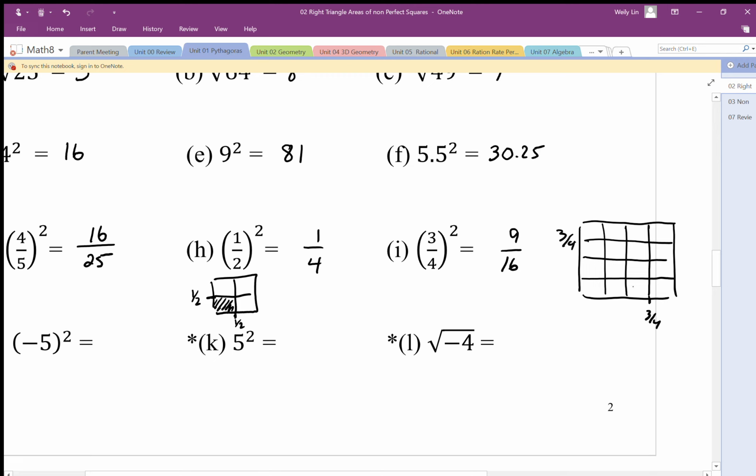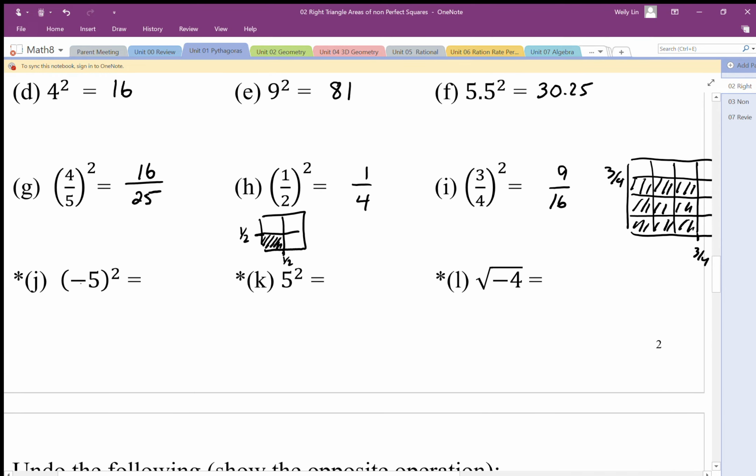So if I have a 3/4 side length and I want to find the square area, there's my square area. If this is 1 by 1, this is an area of 1. If I only want the length of 3/4 and square it, I don't get the full square, I only get 9/16 of the whole square.